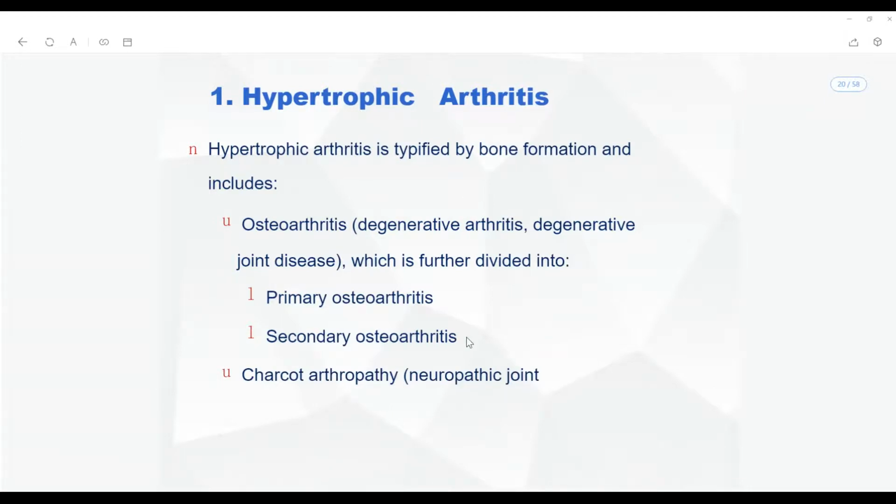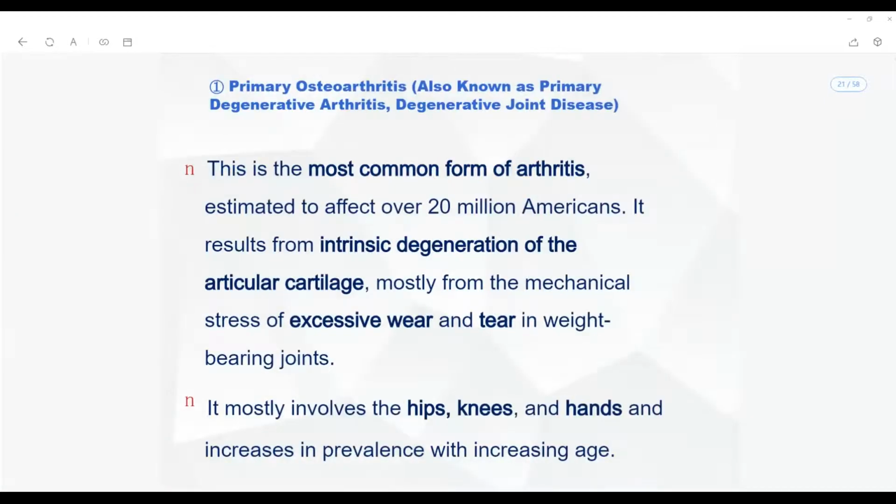Now let's try to understand. The most common form of arthritis is one of the most prevalent diseases in the world, and it results from intrinsic degeneration of the articular cartilage.